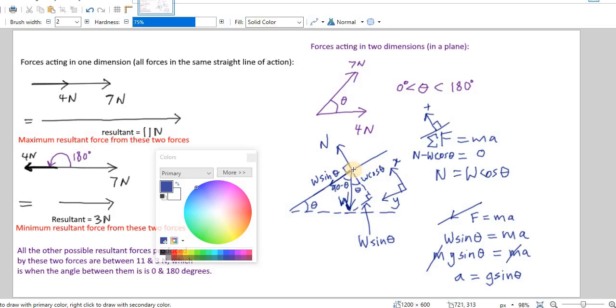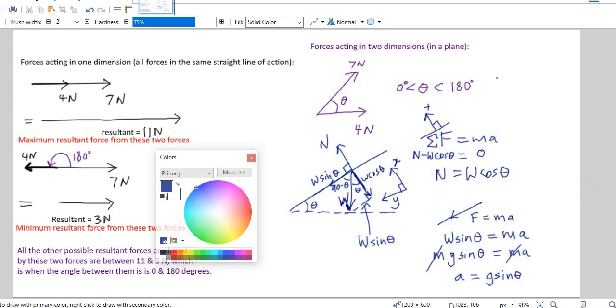The component of the weight perpendicular to the slope is W cosine theta. So remember, this is not another force, it's just a component of this force in that direction and also in that direction. And I have shown the working here.